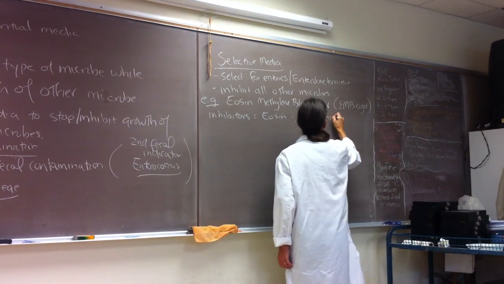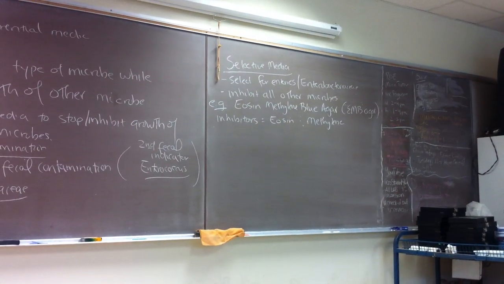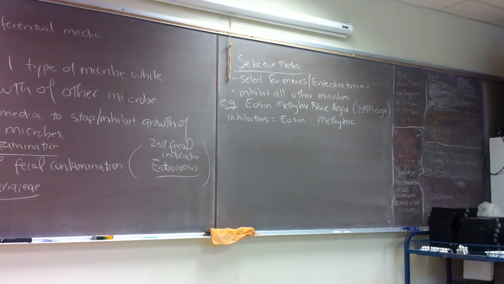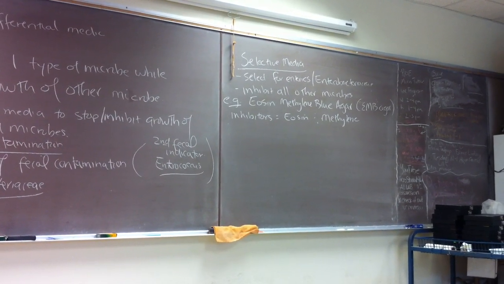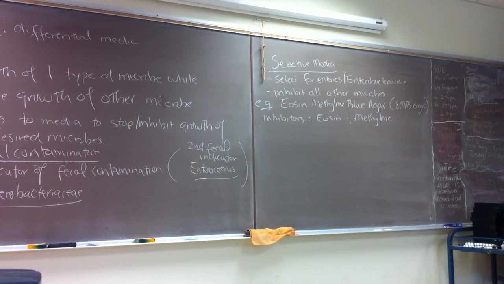Now the next thing we want to ask is, what do Eosin and methylene blue inhibit? That's the third column over. Which microbes will be inhibited from growing? Gram-positive bacteria and non-enteric gram-negatives. Good.